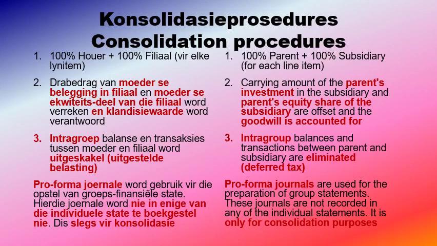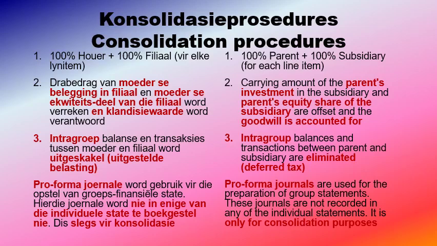Now if you create a new set of financial statements for the group, you can't have an investment in yourself. On the one hand, you have the asset of the investment, and on the other hand, you have the equity that you invested in. You cannot keep both, because you cannot have an investment in yourself and own your own shares. That's why we have to eliminate that part.